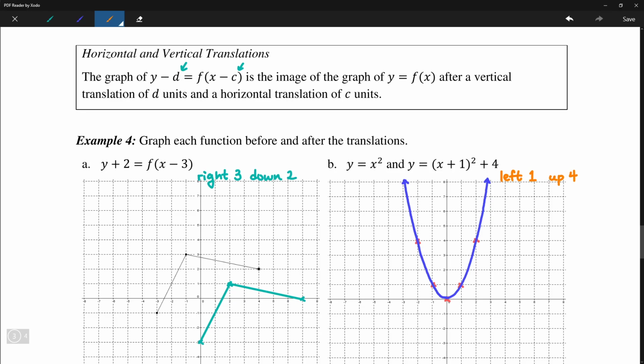Okay, so let's go ahead and plot some of the new points. Okay, then do my best to draw a parabola.